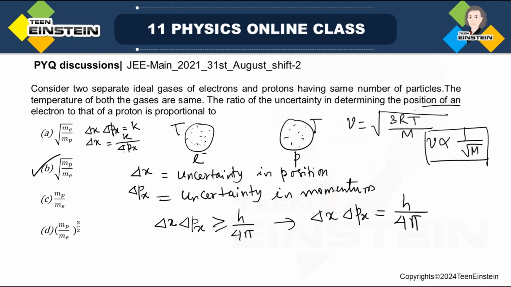So in case of proton, you have greater mass, right? Greater mass. So you'll have lesser probability or lesser uncertainty in delta x.